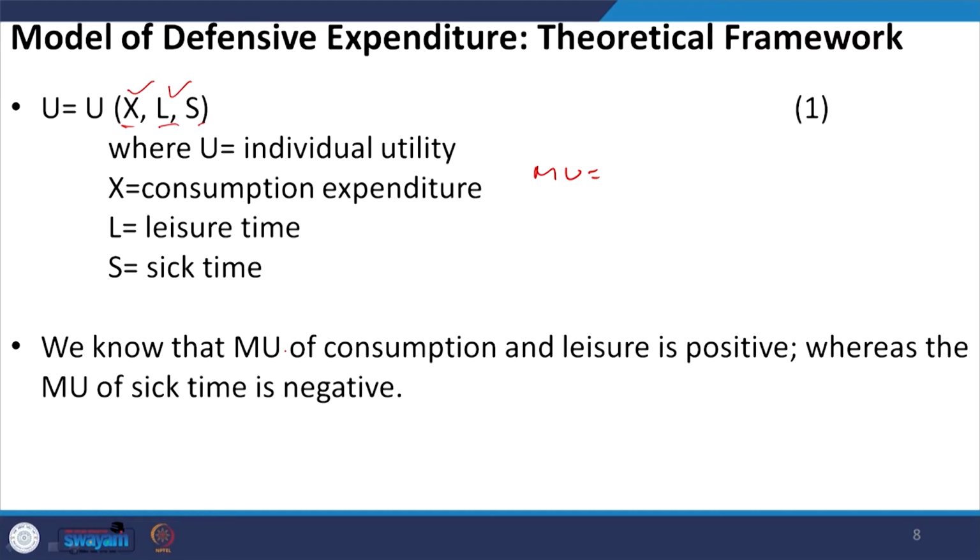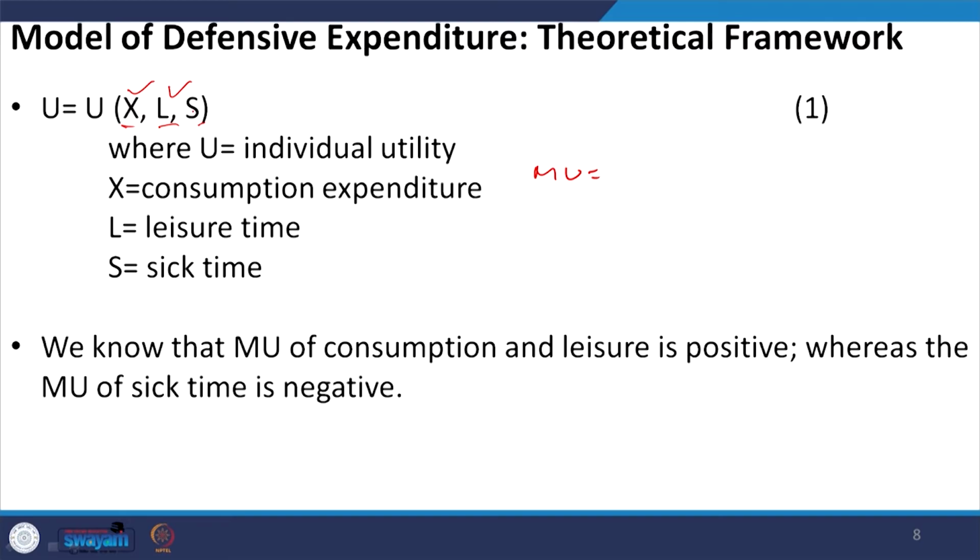Obviously, it will be positive. How do you interpret this? If you increase the consumption expenditure by 1 unit, your utility will increase, that is why this is positive. Likewise, if you increase the leisure time by 1 unit, your utility will increase, giving a positive result.